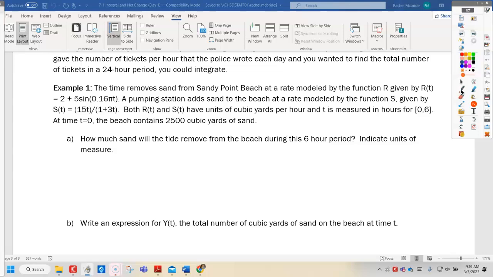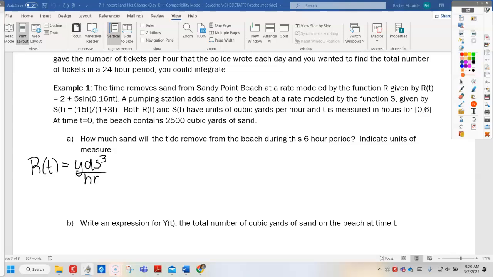Think about R of t and its units. If you integrate that, what would your units end up becoming versus if you derive it?